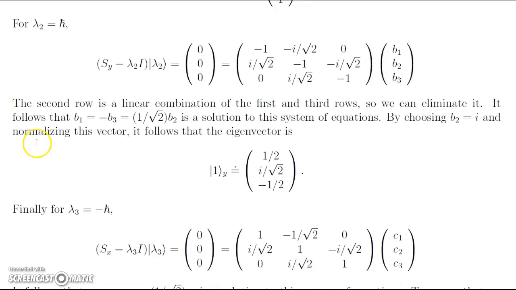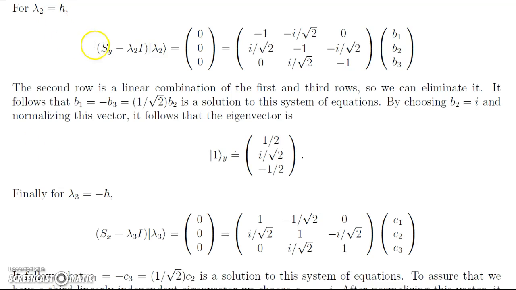And let's go through the lambda 2 equal to h bar case. So we have S_y minus lambda 2 times I times the ket lambda 2. We set this equal to the 0 vector, and we get the corresponding matrix times our eigenvector (b1, b2, b3). And we can note that the second row is a linear combination of the first and third rows.